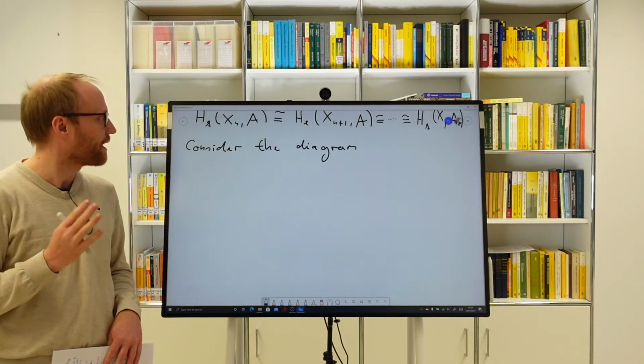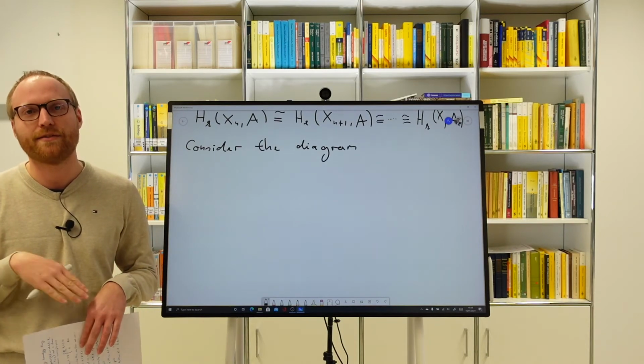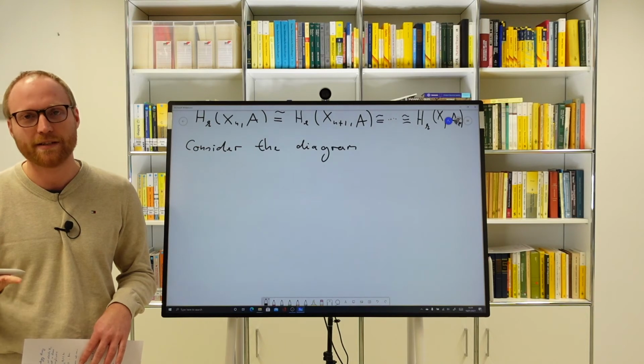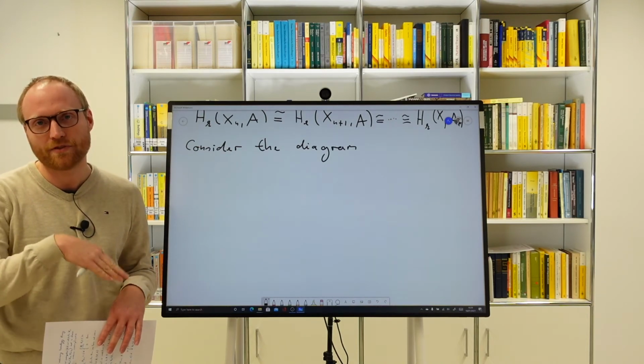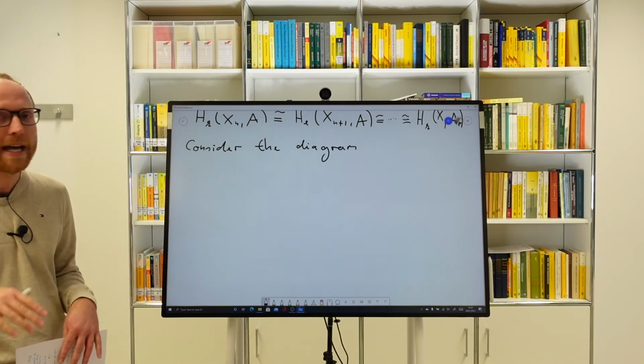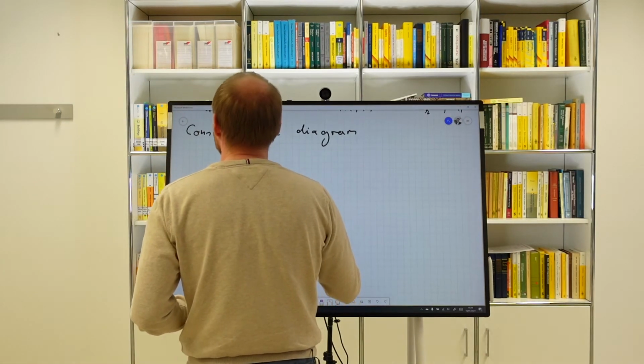You might remember that we discussed that there are two equivalent ways to define this boundary homomorphism in the cellular chain complex. You either use the pair sequence or you use the triple sequence, where you still have this comma A term. It's the second variant which will be of interest to us here. And this is now the following diagram.